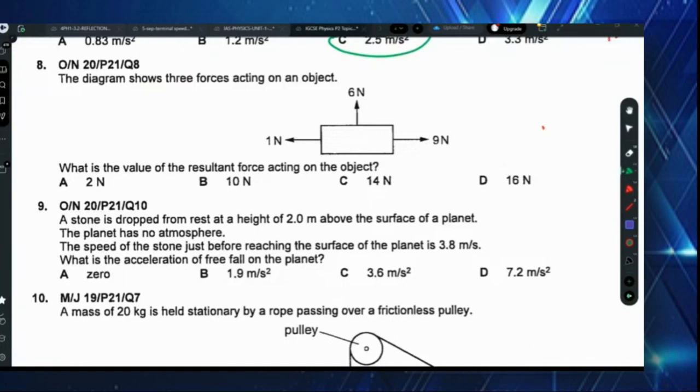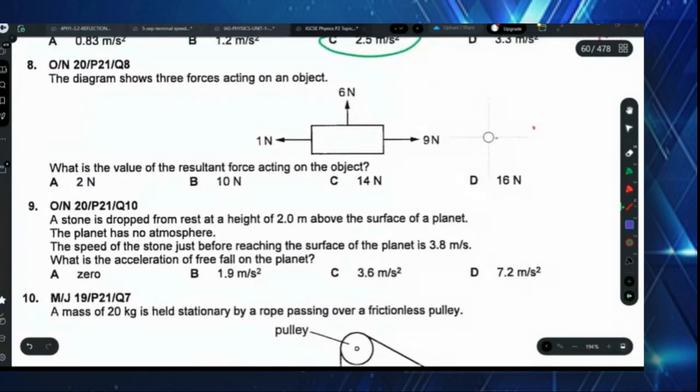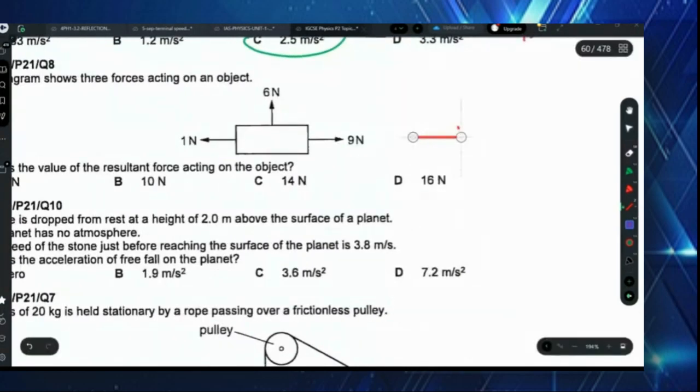Okay, let me solve this for you people. I think Ariba will hear that. 9 Newton is acting towards right and 1 Newton is acting towards left, so both of these forces will be subtracted, and you will get a resultant force along the x-axis of 8 Newton in this direction, and 6 Newton is here.